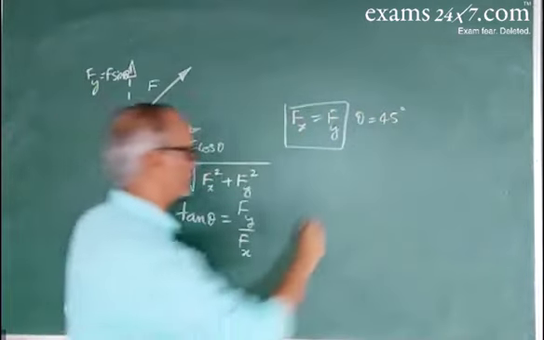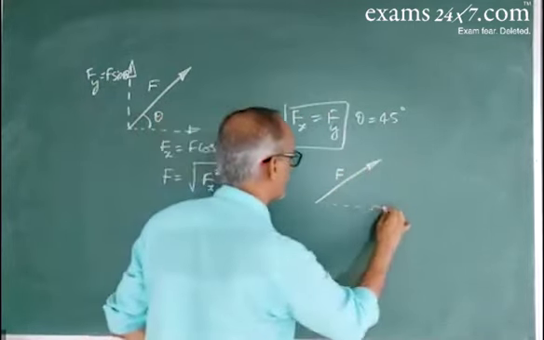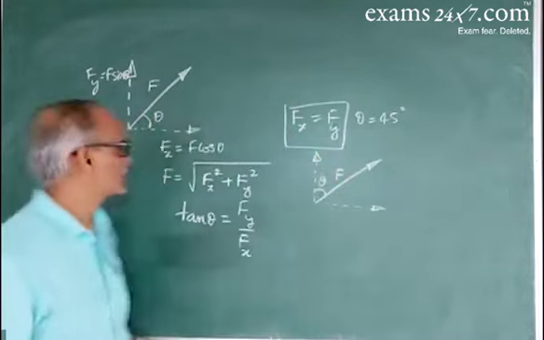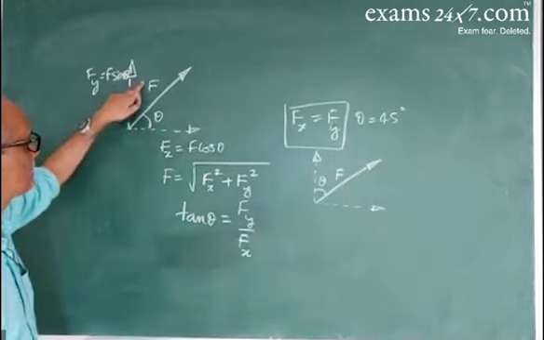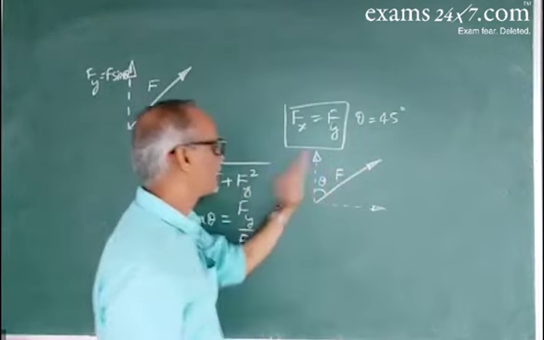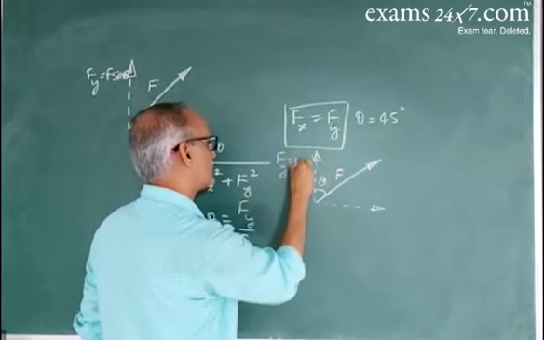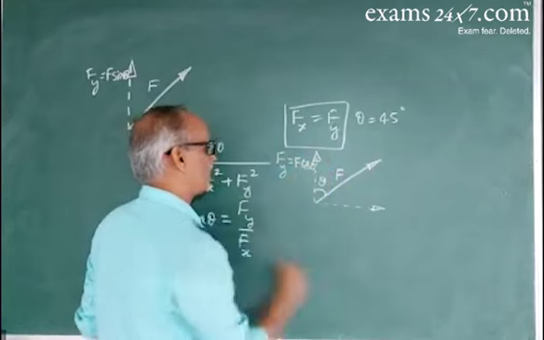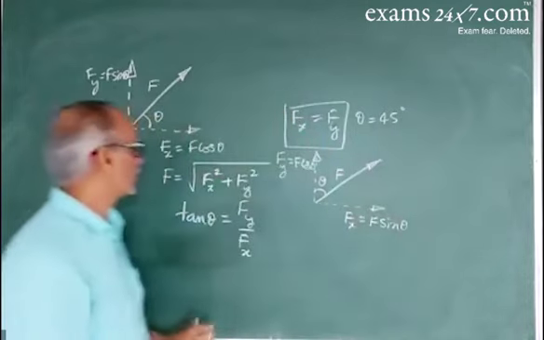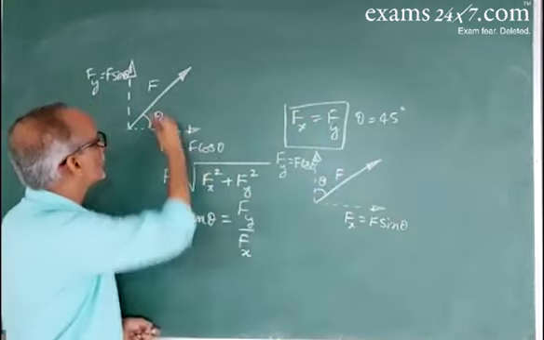Now, if the given vector is resolved in such a way that it makes an angle theta with the vertical, whereas in the earlier case the vector makes an angle theta with the horizontal, then this component becomes f cos theta. So in this case, fy will be equal to f cos theta, and fx will be equal to f sin theta. So the horizontal component is not always a cosine component. It depends on where you take the angle.